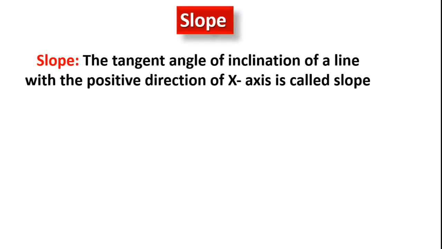And another definition of the slope: the tangent of the angle of inclination of the line with the positive direction of x-axis is called slope. When the angle is given, how can we find out the slope of the given line? In the previous problem, when two points were given, how can we find out the slope?